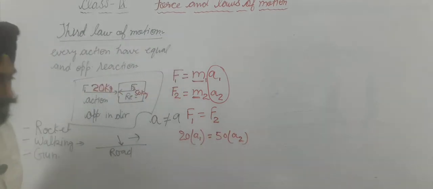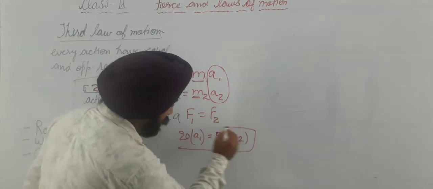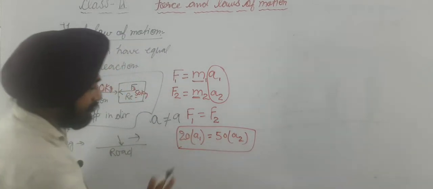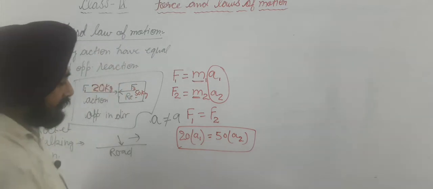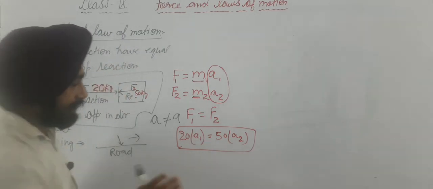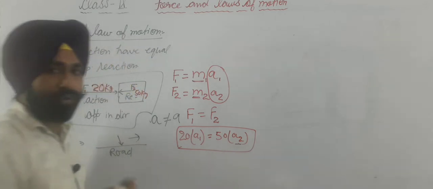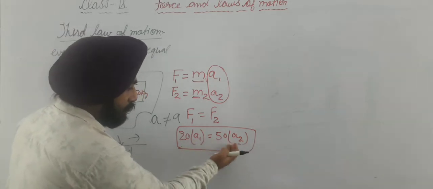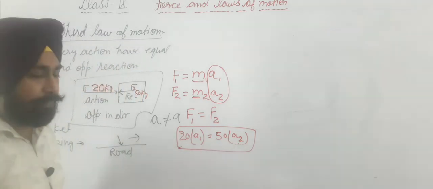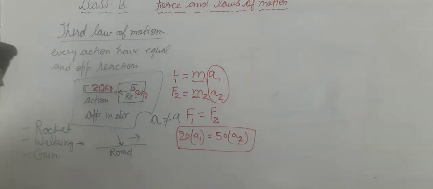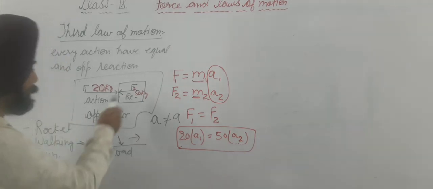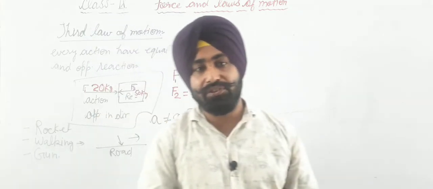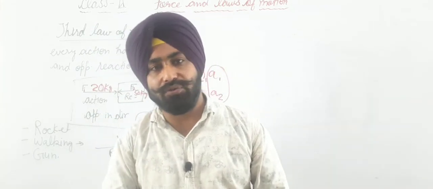From this we can conclude that if we want these two values to be equal, then the a1 value must be larger compared to a2. If a1 is larger than a2, only then will both answers be the same. So because the masses of the objects differ from each other, the accelerations produced by these forces also differ.